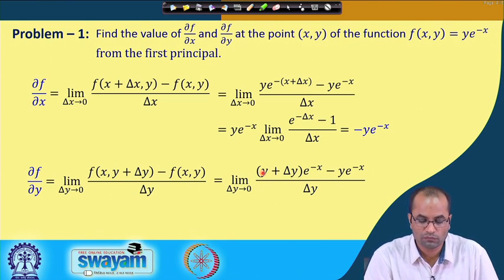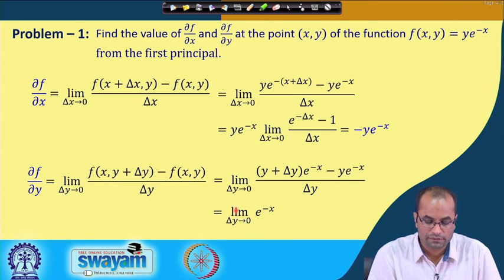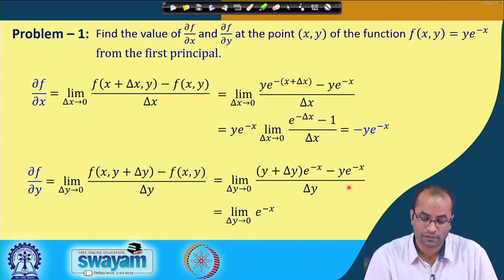So, again here y e power minus x is a common term, and here also we have y e power minus x. So, what is left then? The limit as delta y goes to 0. Here we have y e power minus x and minus y e power minus x, which cancel out, and then we have delta y e power minus x over delta y.